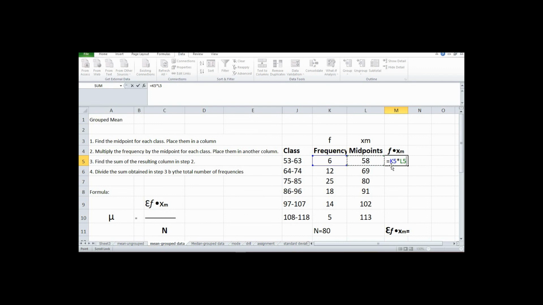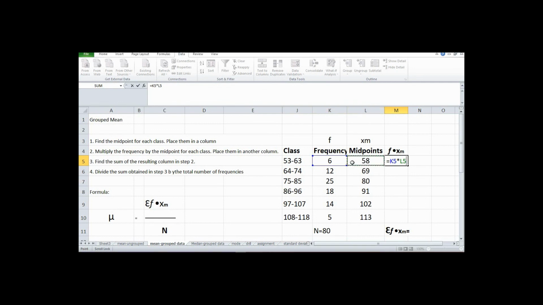If you are not familiar with Excel, each cell has an assigned letter on the horizontal and number on the vertical to locate the value that you are trying to compute. So if you observe K5, we have here the K column, and on the vertical, we have the 5th cell.